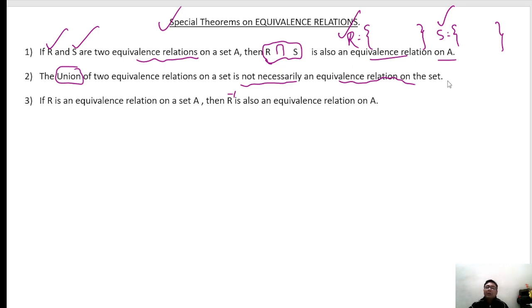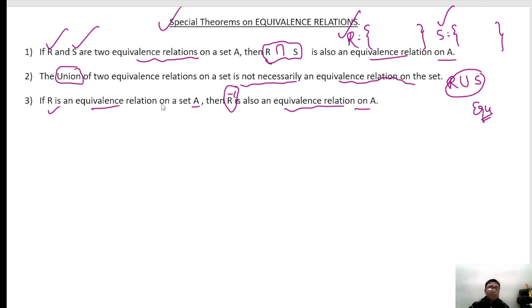Intersection will be there, but R union S is not necessarily an equivalence relation. Clear? If R is an equivalence relation on set A, R inverse is also an equivalence relation on A. Please remember these theorems. Sometimes it comes as an MCQ, which will be very important for you.